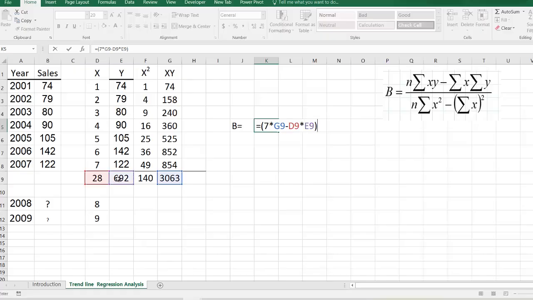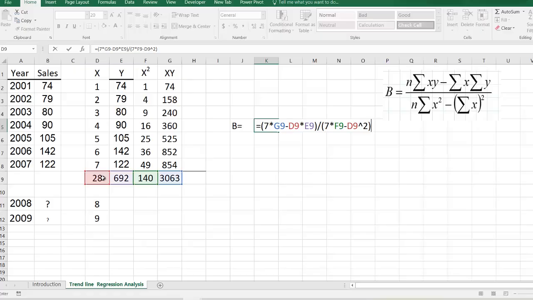Close parenthesis, divided by our denominator, open parenthesis, again n is equal to 7, times summation of x squared, that's 140, minus summation of x, quantity squared.